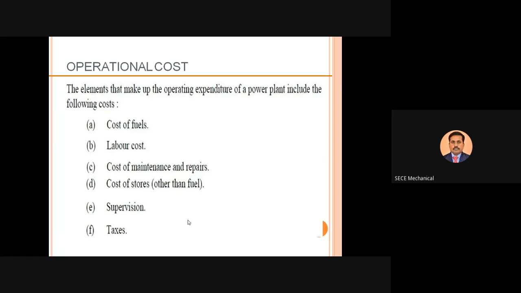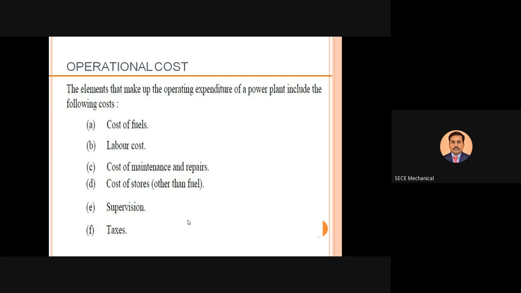And the next one is cost of maintenance and repairs. We have purchased some equipment, right? In the last slide itself, I touched upon that. We have purchased turbines and generators, and so many equipments are in the power plant. We discussed different types of power plants in the last 3-4 chapters. There are so many components.